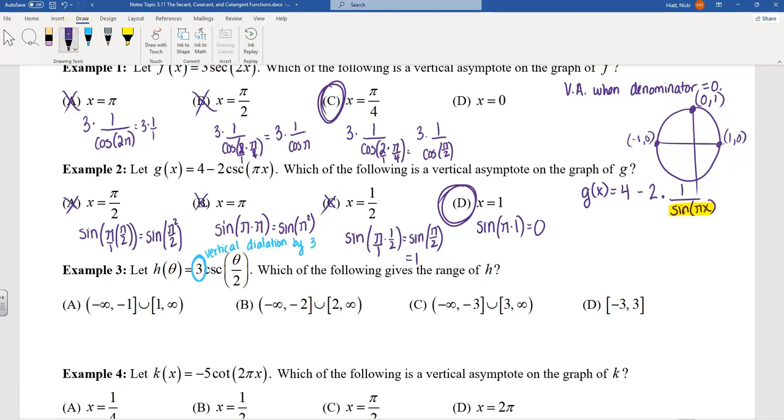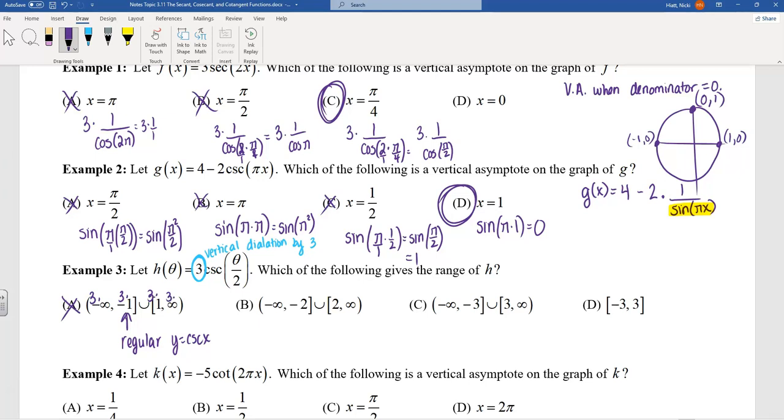So the answer cannot be A, because this would be just for regular y equals cosecant of x, right? That would be the range for cosecant that has not been stretched out, right? But this is helpful. If I am doing a vertical dilation by a factor of 3, that means I'm going to take what the range was and I'm just going to multiply everything here by 3, right?